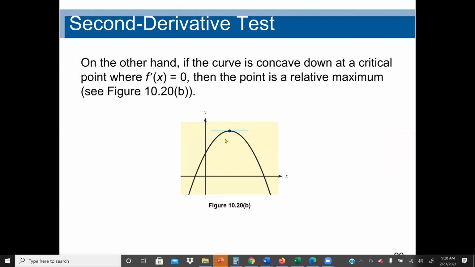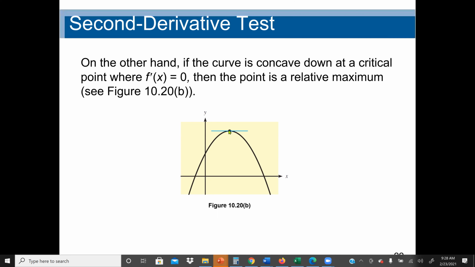So, for example, in this case, we will see that this graph is what? Open downward. So this point here will be our relative maximum. If we know the critical point and we find the relative maximum, which means from increasing to decreasing, that will also give us the concave down.